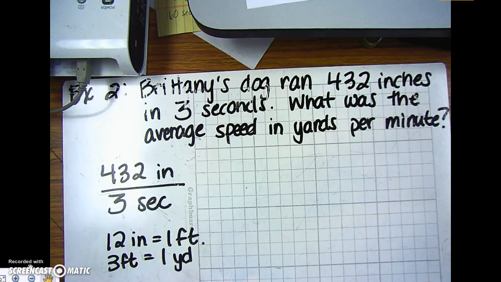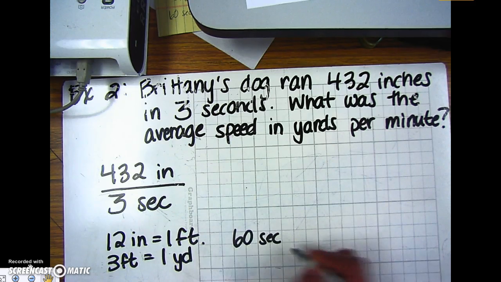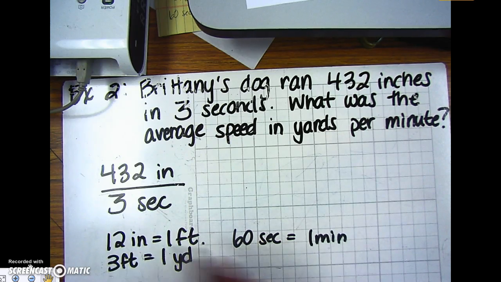Then we also have to record how many seconds are in a minute. So there are 60 seconds in 1 minute. Since we have 3 conversions here, we're going to have 3 steps.